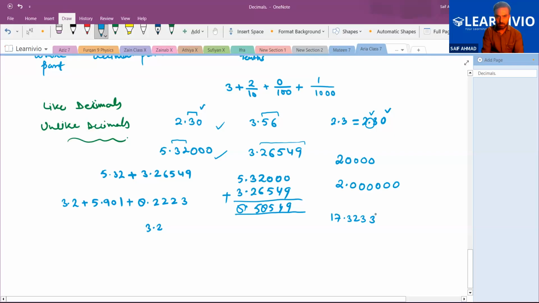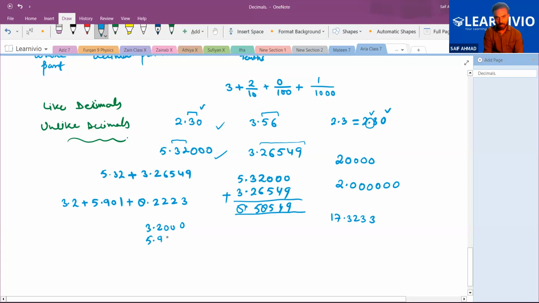So how do you make 3.2 like a decimal? I added zeros. You added how many zeros? 1, 2, 3.